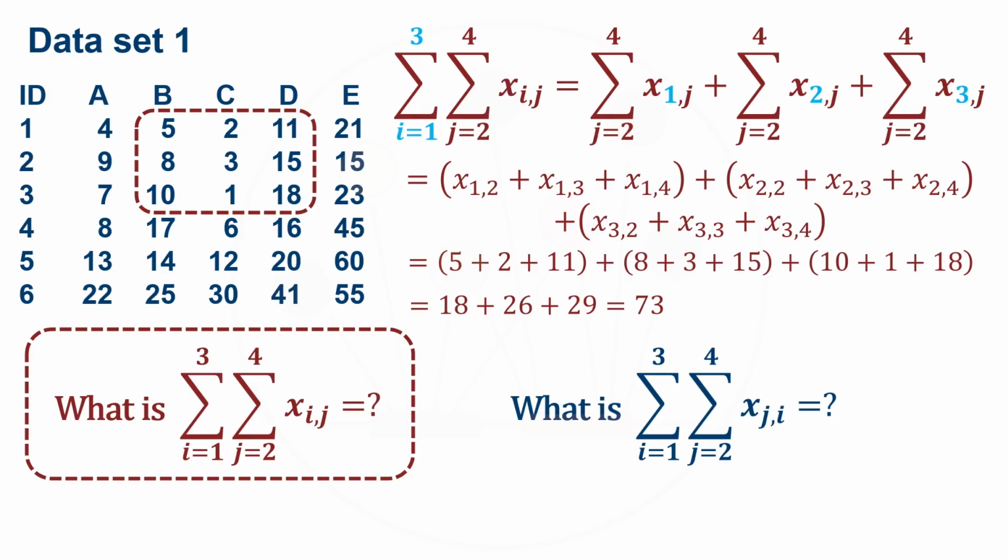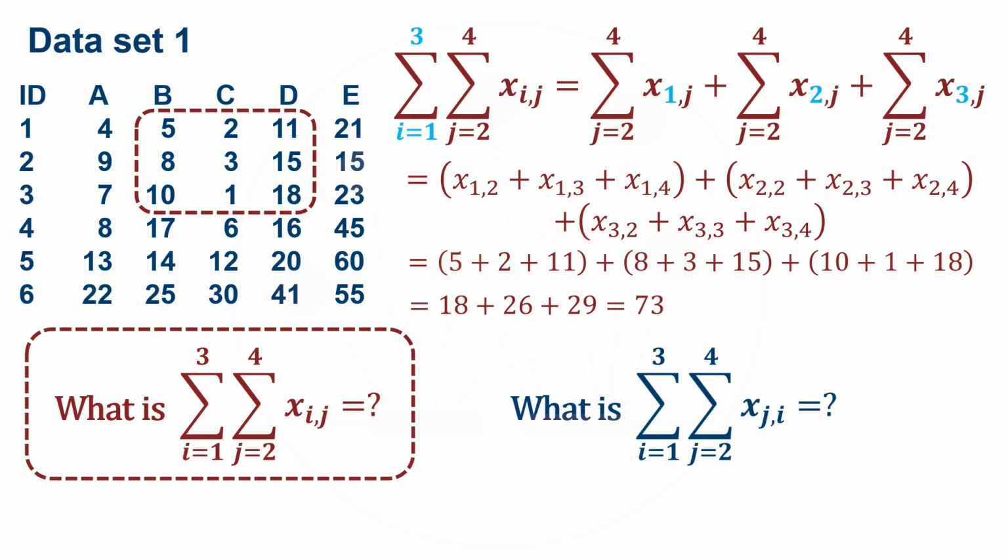So you can see the first one of those is x1 comma j, the second is the summation for x2 comma j, the third is the summation for x3 comma j. Now we can work with each of those single summations the way that we worked with our summations before. So for the first summation, j going from 2 to 4 of x1 comma j, we would get x1 comma 2 plus x1 comma 3 plus x1 comma 4.